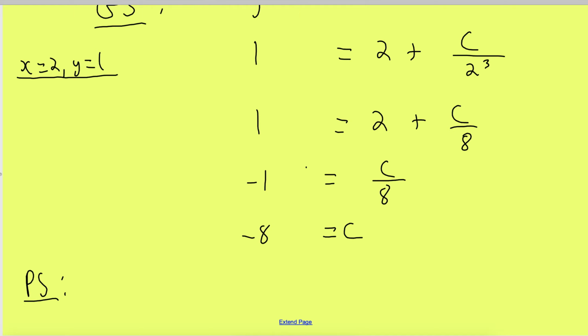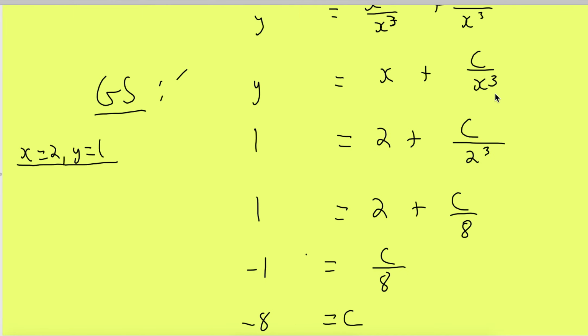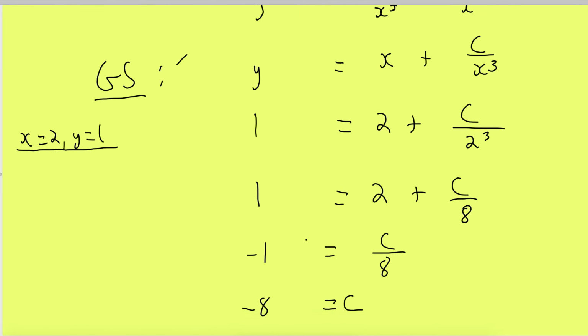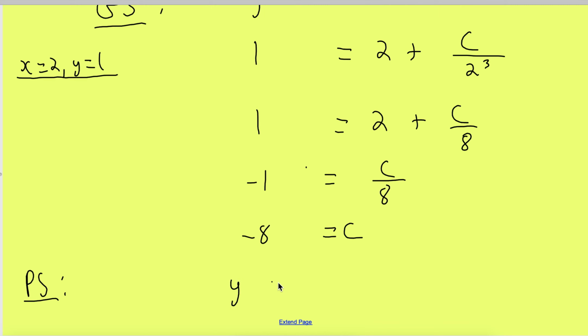Okay, so my particular solution is my general solution, but with negative 8 chucked in for c. So y equals x take away 8 over x cubed. And that is my particular solution to that differential equation.